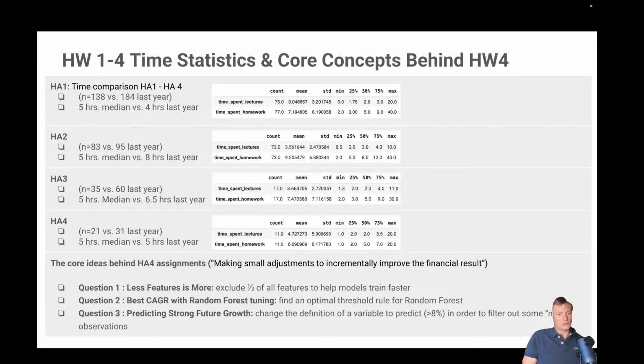So we want to filter out those cases and focus on a strong future growth. And it turned out that in this case of 30 days prediction, the strong future growth doesn't lead to a higher average capital growth. So we still live with the first idea that we predict only positive growth, which is more than 0% growth in 30 trading days.